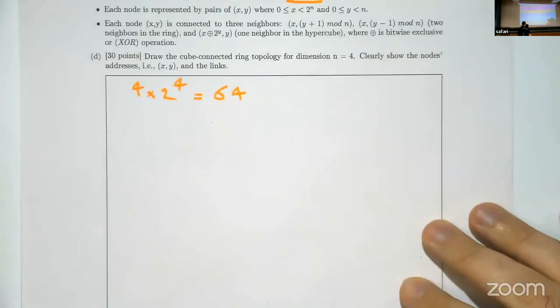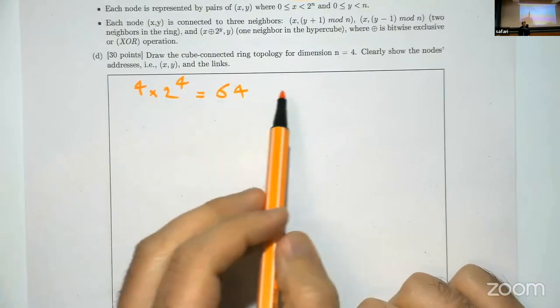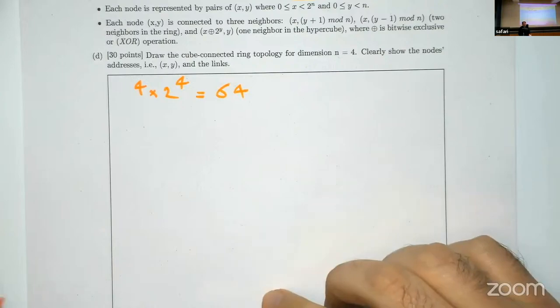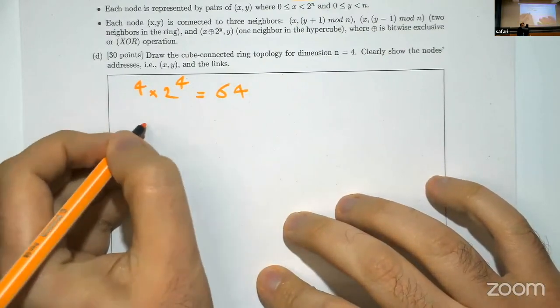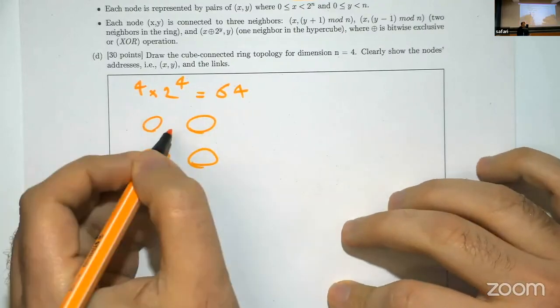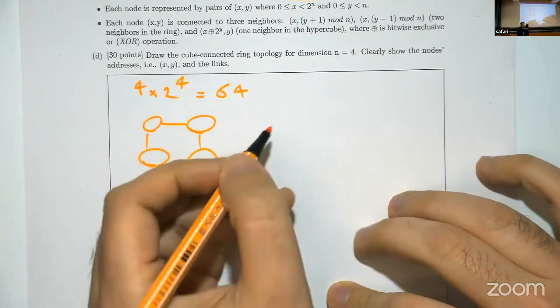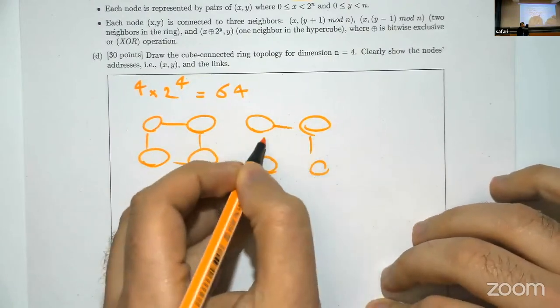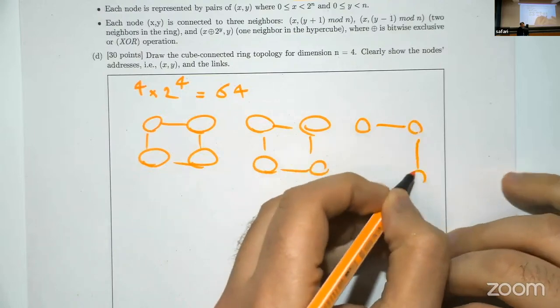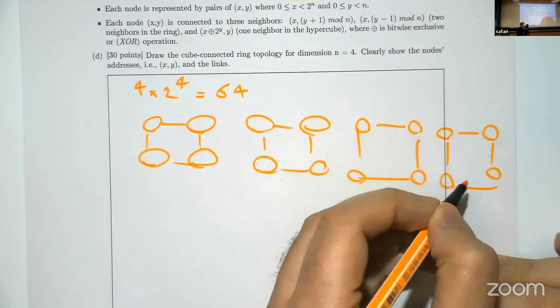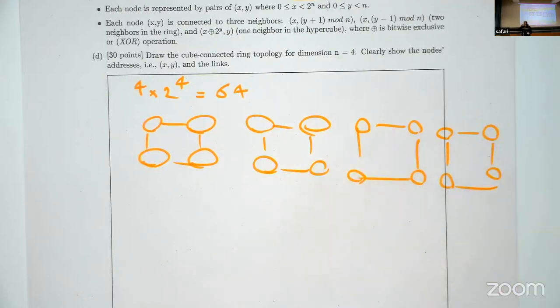So, okay. Since we have rings of 4 nodes in a cube connected ring, I will make something like this. So this is, for example, one ring. There is also another ring here. Another ring. And another ring. And so on and so forth.